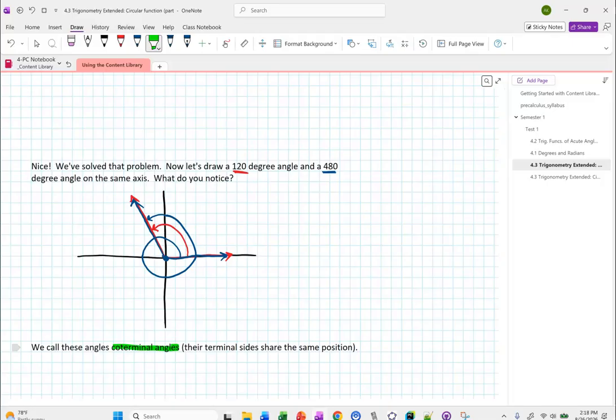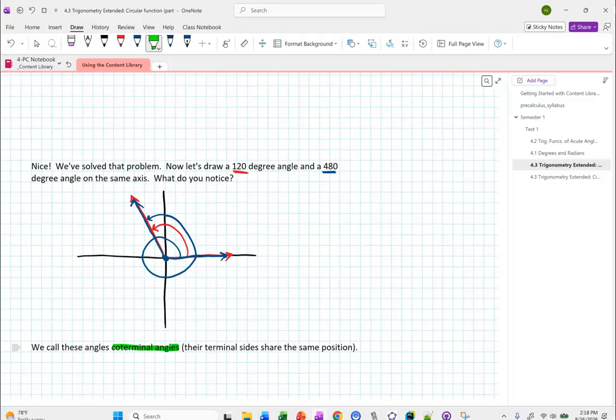360. So 480 is one full rotation and then 120 degrees, which is exactly what we'd expect for it to land in the same spot. Doing one full rotation puts us back at the start, and 120 degrees lands right where 120 is.